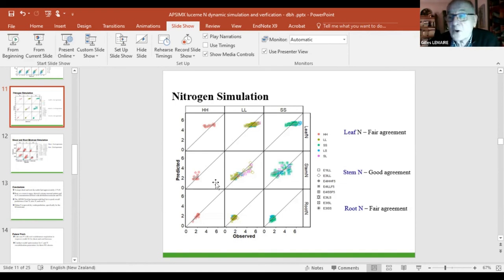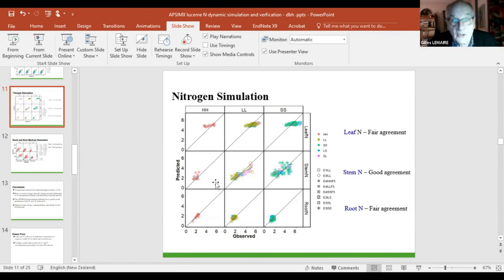But if your model is unable to account for this effect, you get this result. You have the predicted result for leaf where there is no effect on nitrogen, but in fact there is a large effect due to the treatment on the nitrogen nutrition of the plant.